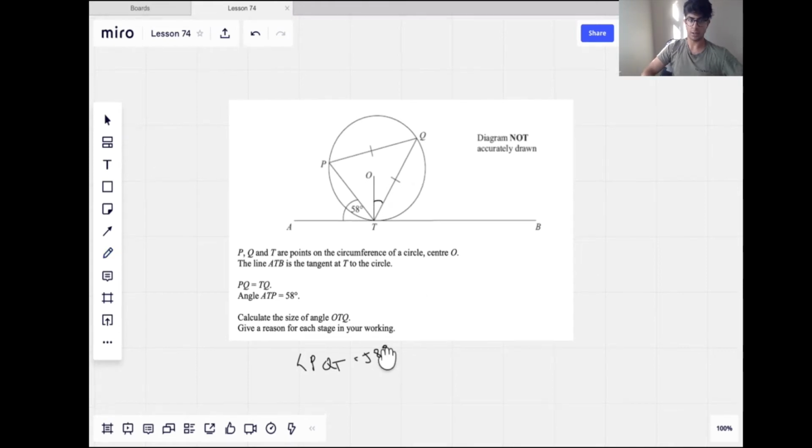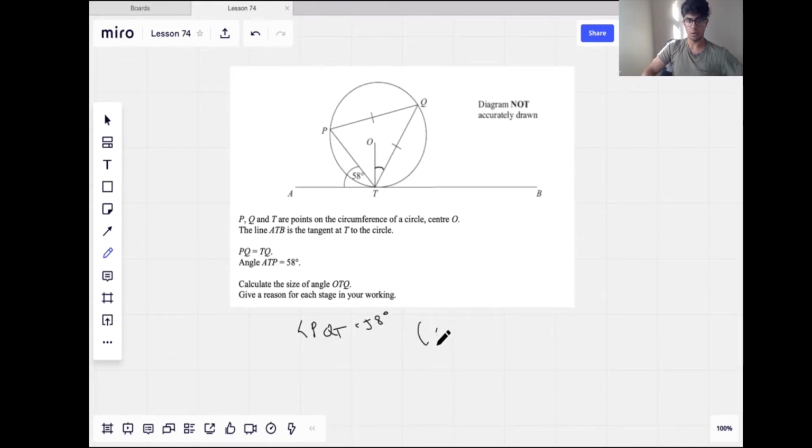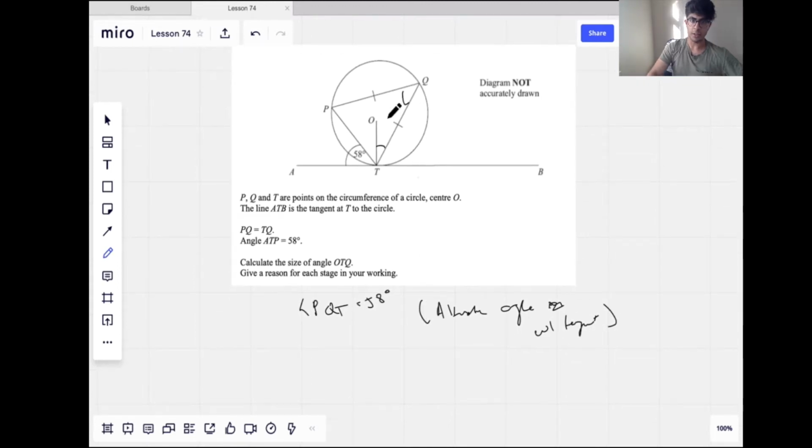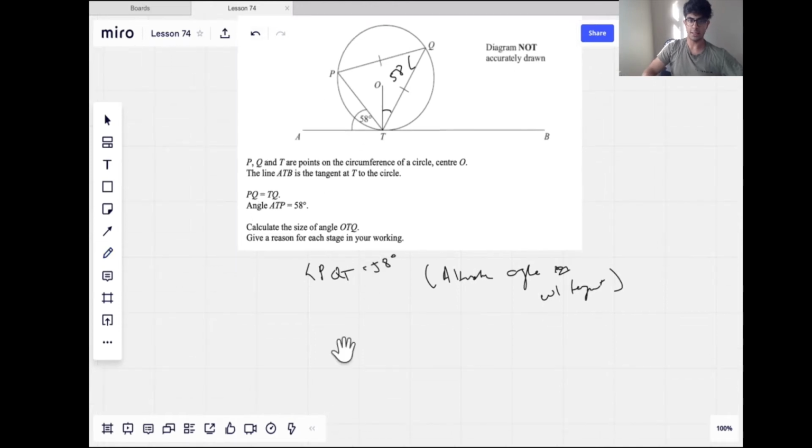So angle PTQ will be that. So alternate angle, and tangent. We have that. So we have this is 58. We also know that a tangent meets the radius at 90 degrees. So we know that angle OTA is 90 degrees.